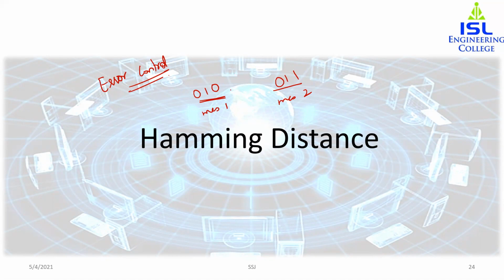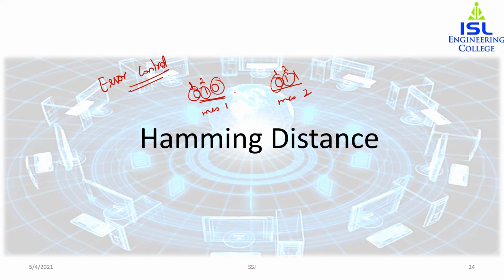So this is the concept of Hamming distance, that is how many different bits are there between the corresponding bits. Corresponding means at position 1, this is the bit, at position 1, this is the bit. Then at position 2, we have a 1 here, at position 2, we also have a 1 here. At position 3, there is a difference. So that is the concept of corresponding bits.